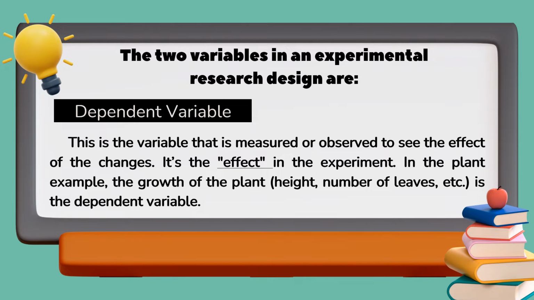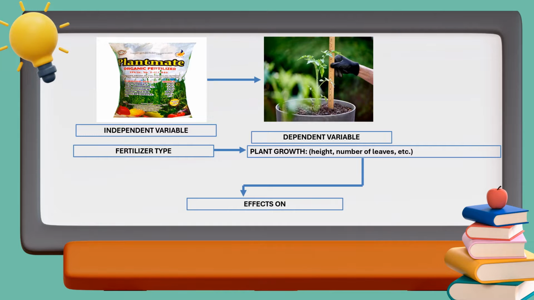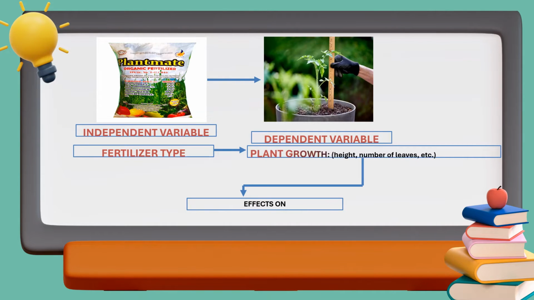In the plant example, the growth of the plant, such as height, number of leaves, and so on, is the dependent variable. Take a look at this illustration. Independent variable: this is the factor that is changed or controlled in the experiment, which is the type of fertilizer. Dependent variable is the outcome that is measured to see if there is an effect from the independent variable, like plant growth.